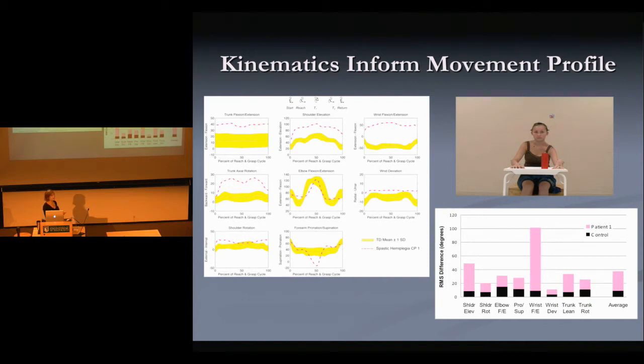Now the kinematics, shown here, will then inform our movement profile. Each of these bars represents an RMS difference between the kinematic graph from the typically developing mean and the patient. For example, wrist flexion extension here is very large.